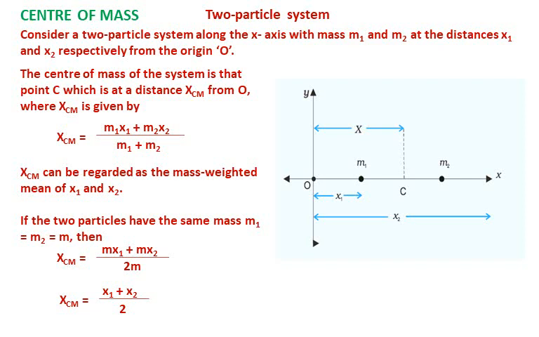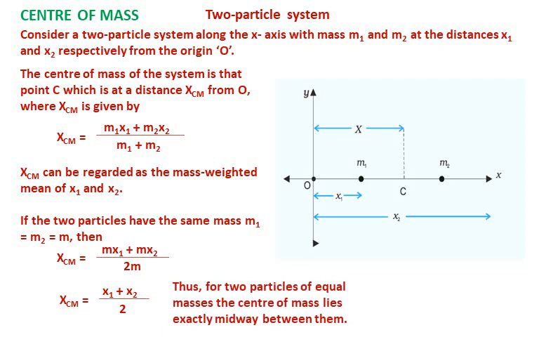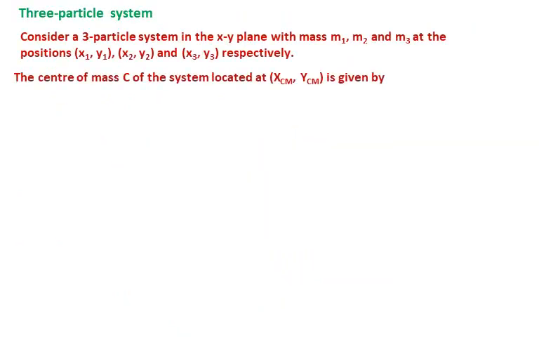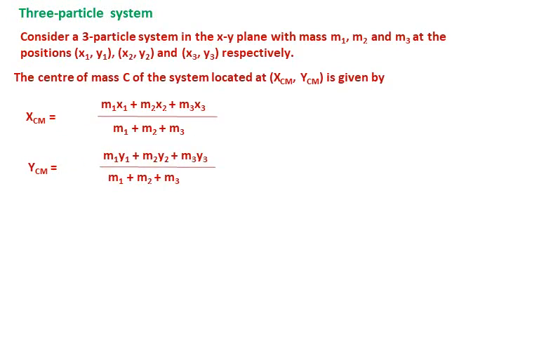There is no need to derive this formula. You can just remember it and apply it in the numerical problems because the derivation is not in your syllabus. For a three-particle system, consider three particles and the formula will be (m1x1 + m2x2 + m3x3) divided by the total mass for the x coordinate, and similarly for the y coordinate.